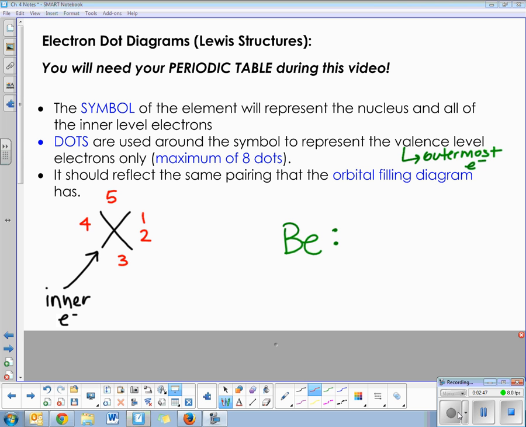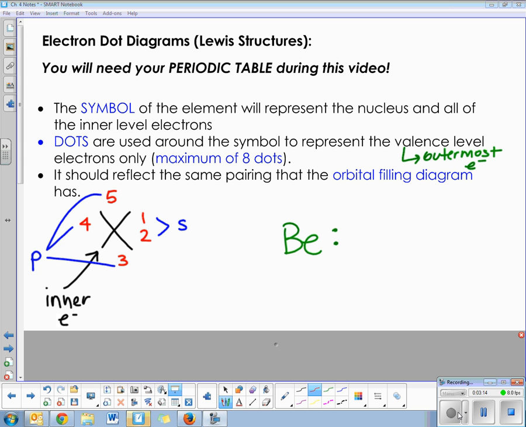The reason they're like this is these 2 are in our s orbital, in our outermost energy level, and these 3 are in our p orbital, or p sublevel, I should say, because remember, p has 3 orbitals, so you'd have 1 electron in each before you went back and doubled them up. So if you had more than 5 valence electrons, that's when you would go back and pair them up.